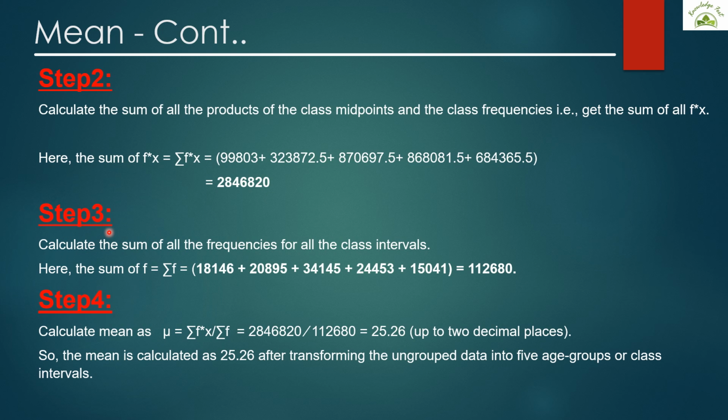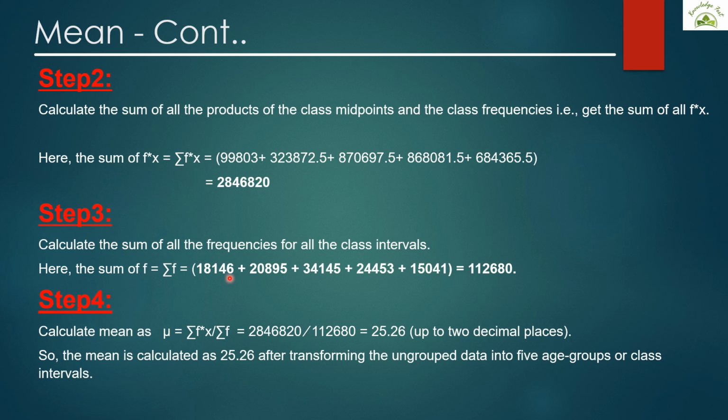Now let us check what is happening in step 3. In step 3, you have to calculate the sum of all the frequencies for all the class intervals. In the previous slides, we calculated the individual frequencies for each of the class intervals, right? And now at step 3, we are calculating the sum of all the frequencies.